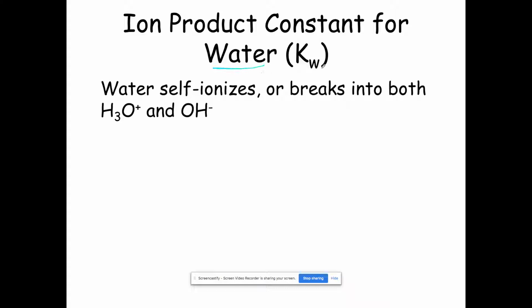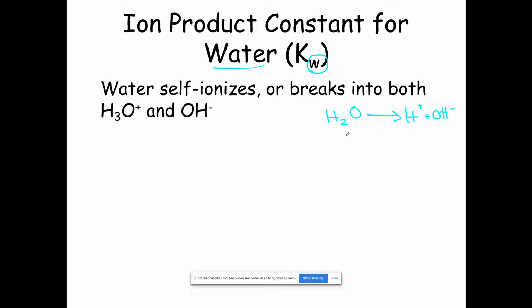And so when you have water, this W means water. This is K sub W. It's a constant talking about water. So if you have a sample of water, which of course you know is H2O, H2O is going to break apart into its component ions, which is H plus and OH minus.